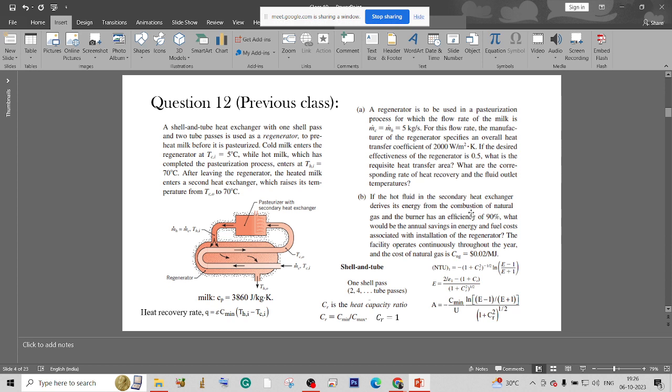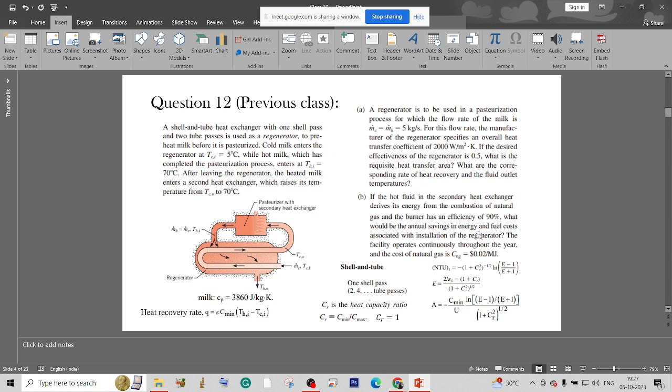The hot fluid in the secondary heat exchanger derives its energy from combustion of natural gas. Okay, so what is happening here? The cold fluid is entering, it is moving out, and when its temperature has increased, it is used in the second heat exchanger for pasteurization, right?